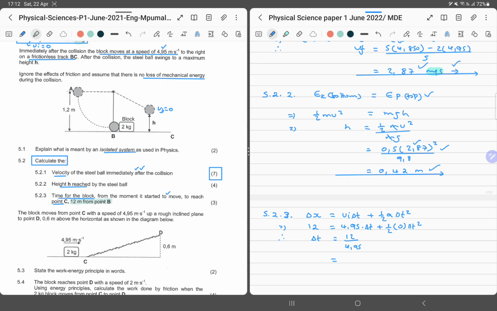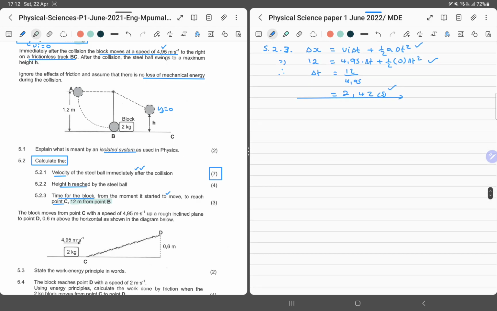All right, let's do it. Can't see now, it's dark here. Divide by 4.95. So I'm getting 2.42 seconds. Okay, so that is great. Again, equation, substitution, answer. Time is a scalar quantity, so nothing big there.